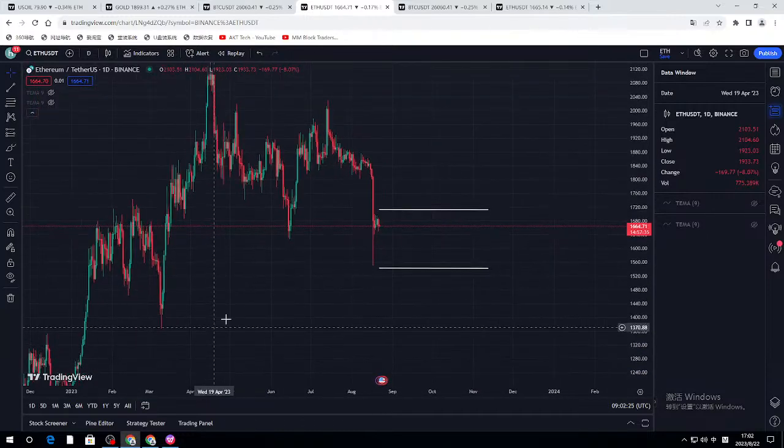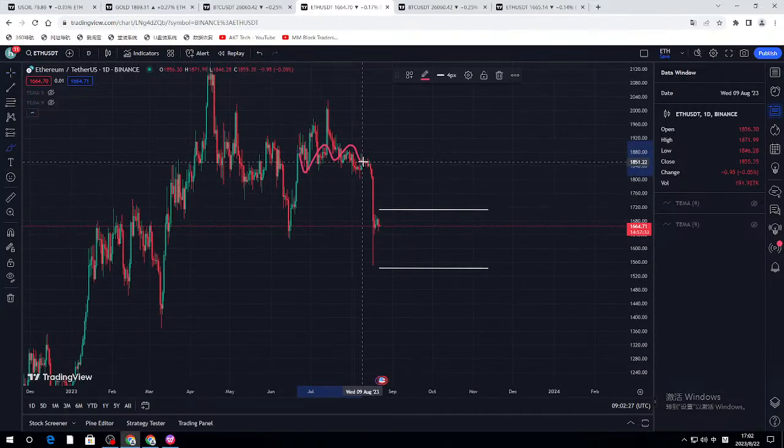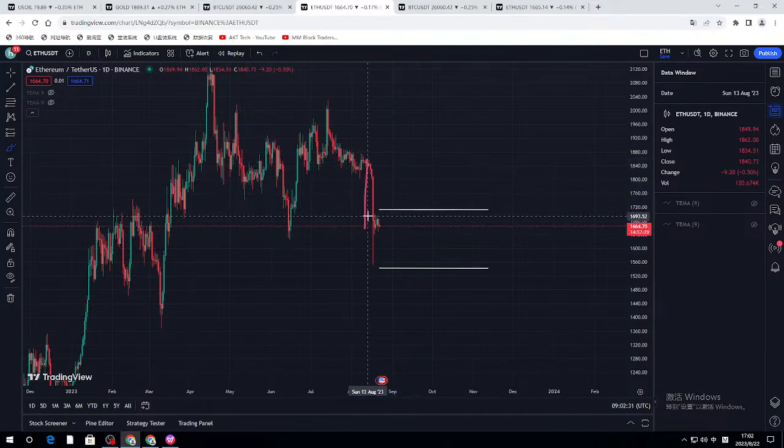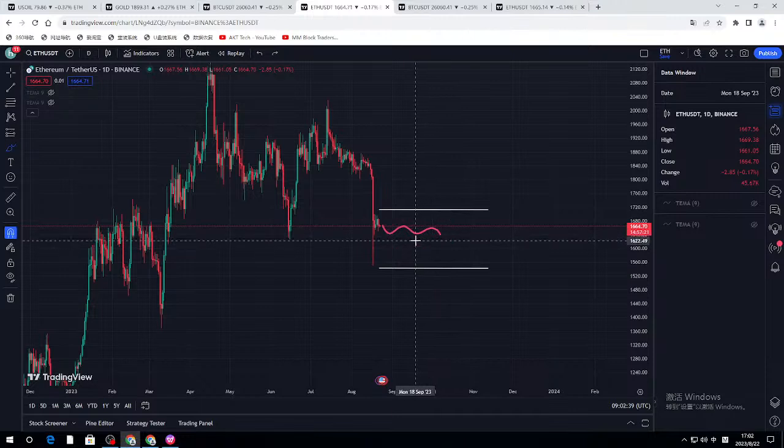It made a lot of wave structure in the past, as you can see, and after this lower bearish move, for now it is making a lot of wave structure here.